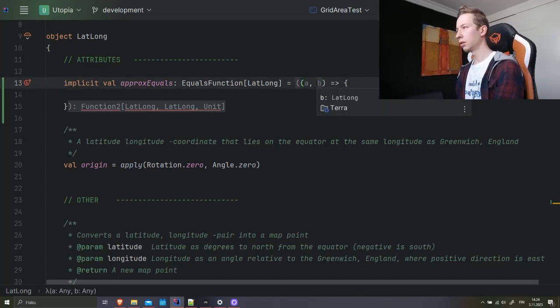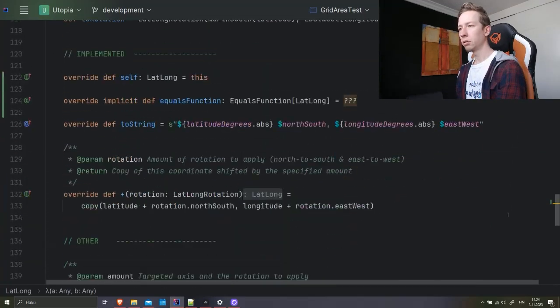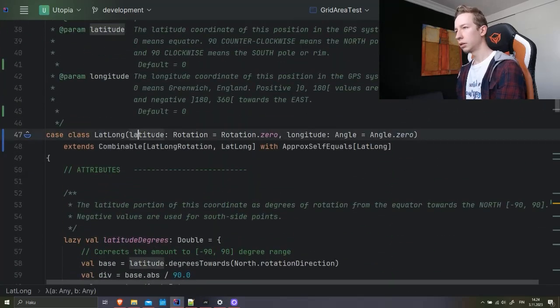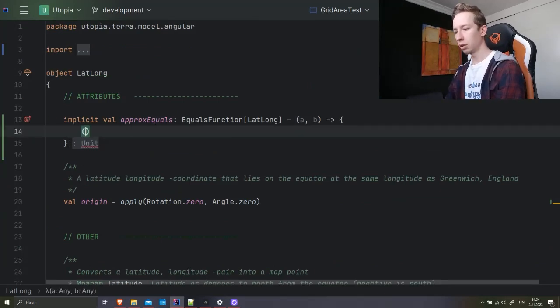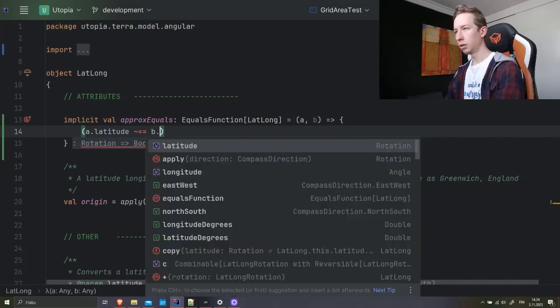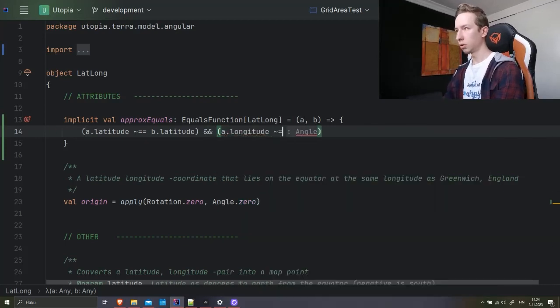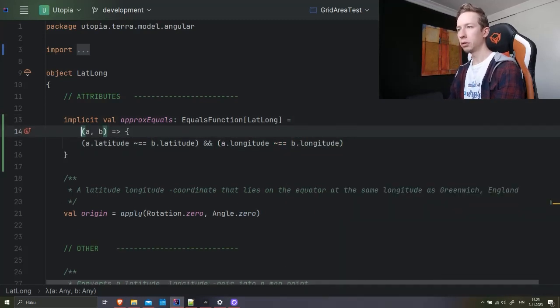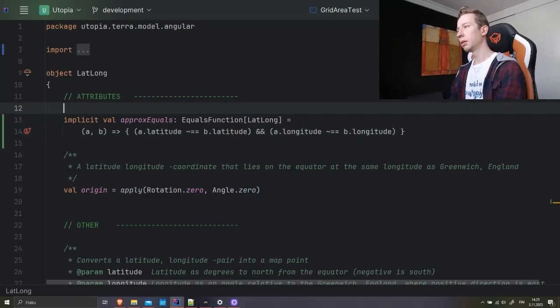We accept two instances of latitude, longitude, and we need to return a boolean whether they're almost equal or not. These consist of latitude, which is rotation, and longitude, which is angle. I think both should support this almost equals comparison. So A dot latitude equals B dot latitude and A dot longitude kind of equals B dot longitude. Okay. Yeah. Good. We don't need these, but let's keep them anyway.